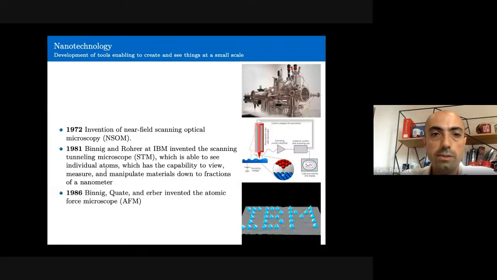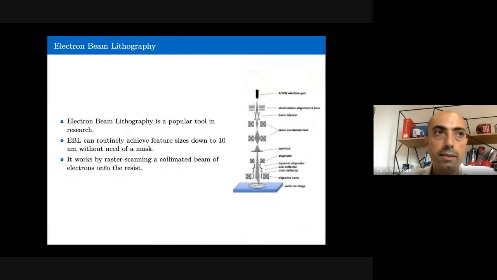Here you can see some examples of microscopes, especially the scanning tunneling microscope, or STM, that allow us to see very, very small things, and many other technologies that allow us to fabricate at nanoscale. Here I show just one example, the electron beam lithography, which allows us to write things on the scale of 10 nanometers or even less.